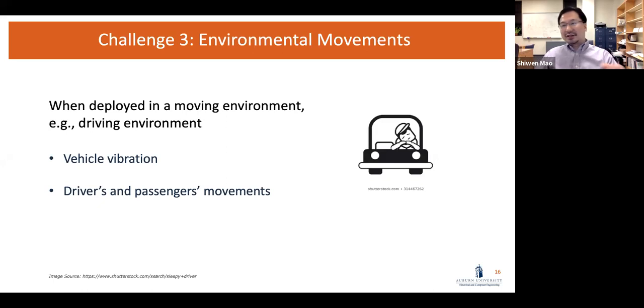The driver will turn the wheel and look around for traffic, and there will also be passengers around. All these movements in the environment will generate a strong interference to the RFID signal, because the tag is moving.